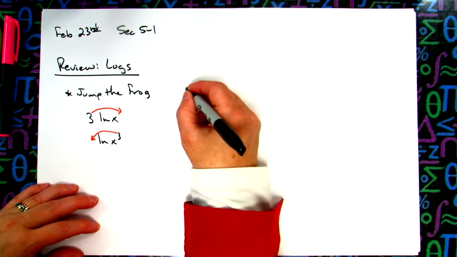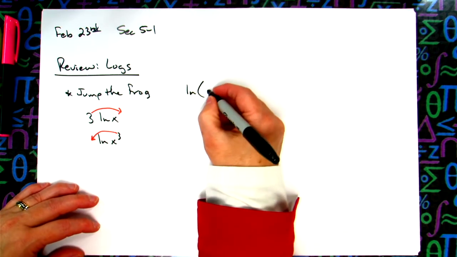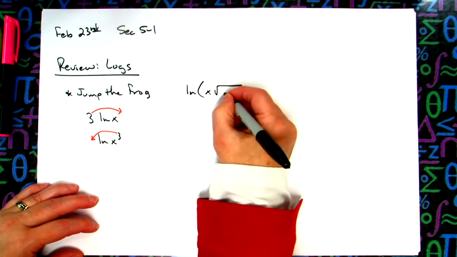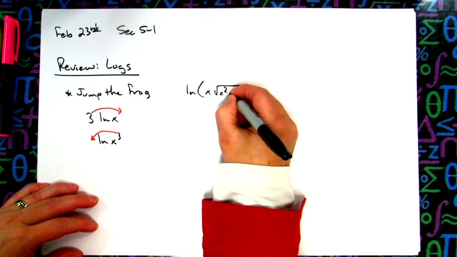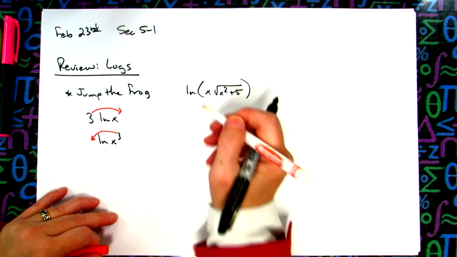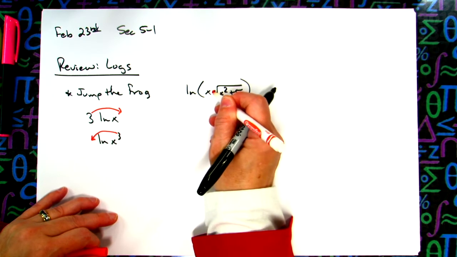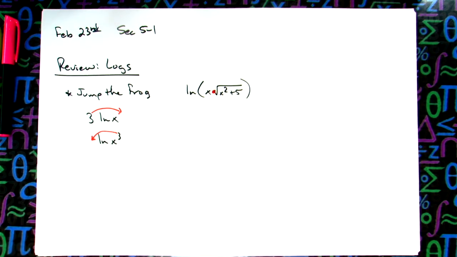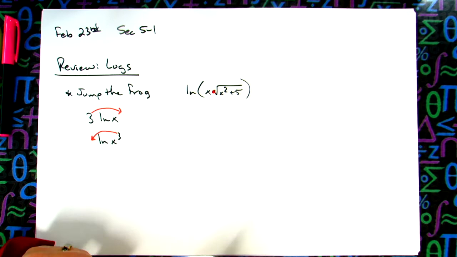If it was the natural log, say, of x times the square root of x squared plus 5. You remember how to expand that? We had a rule that said when I'm multiplying something, I can expand it and make it simpler and write it as the sum of 2 logs.